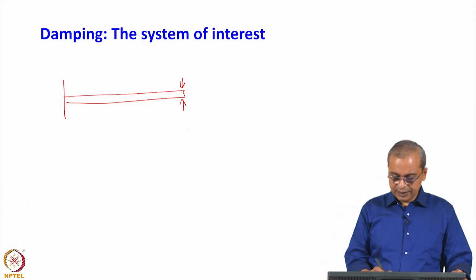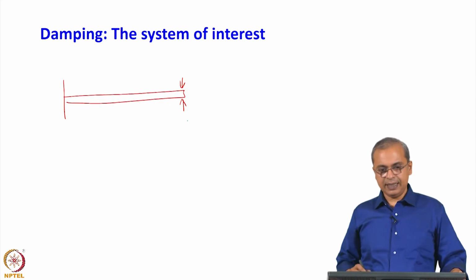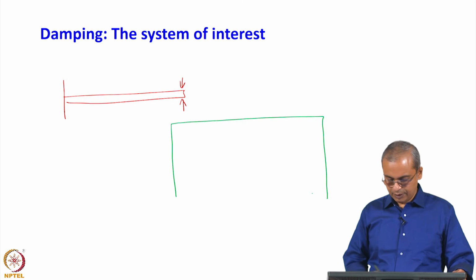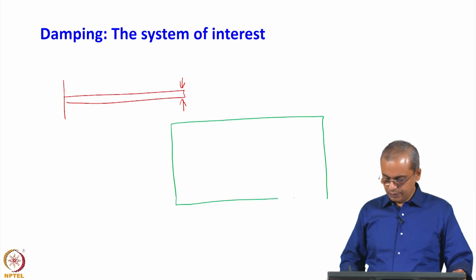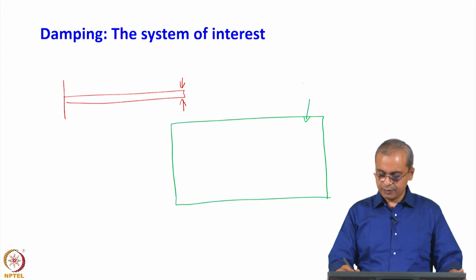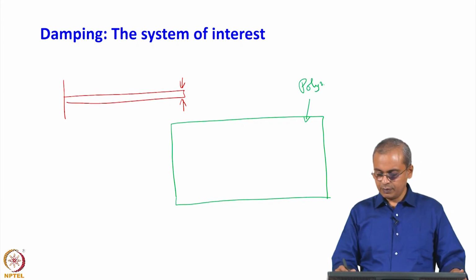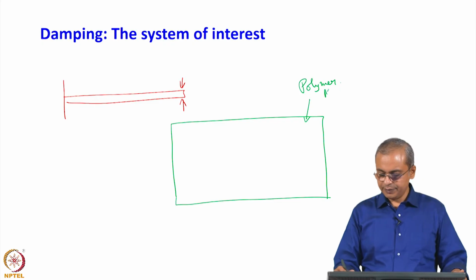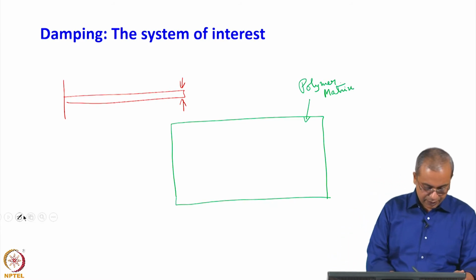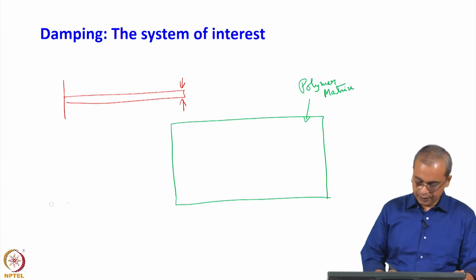Our system of interest is then to take a plain polymer and test it like this, and then make a composite. The composite in this case has a matrix, the matrix is that polymer matrix, and in this we have carbon nanotube reinforcement.